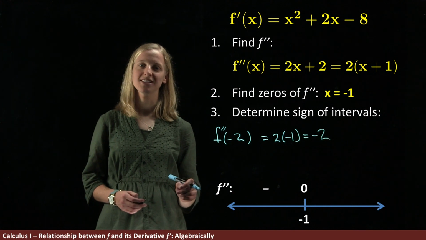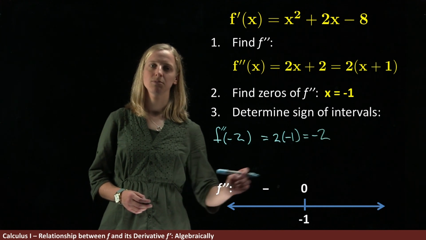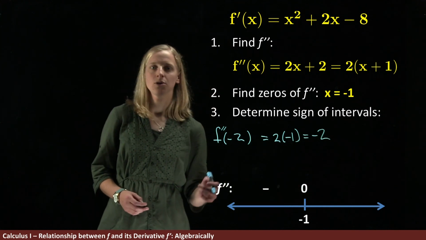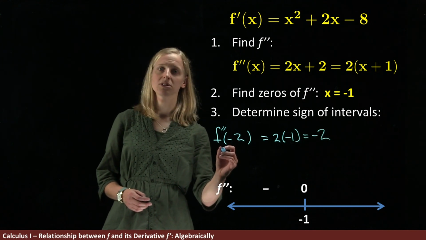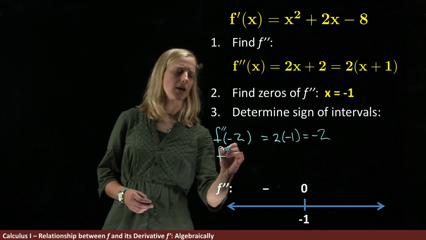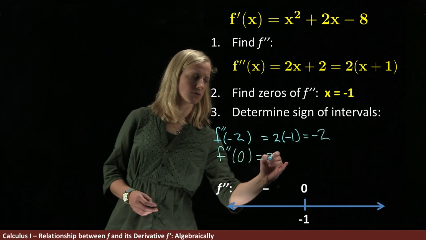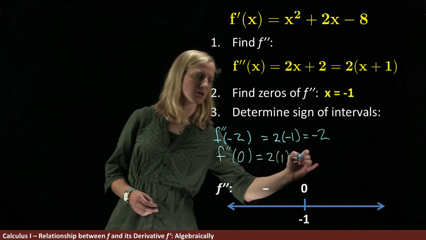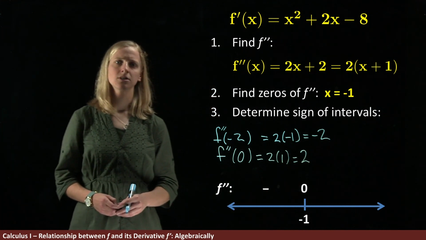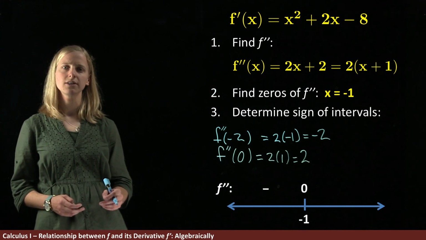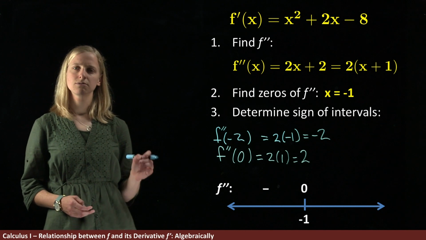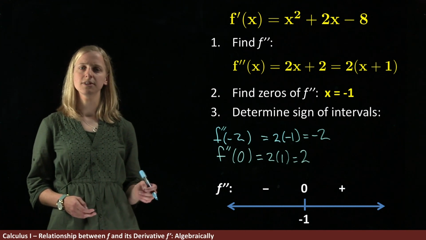Now to determine the sign between negative 1 and positive infinity, we choose a value, say 0. So f double prime of 0 is equal to 2 times 1, which is positive 2. And so the second derivative is positive from negative 1 to positive infinity.